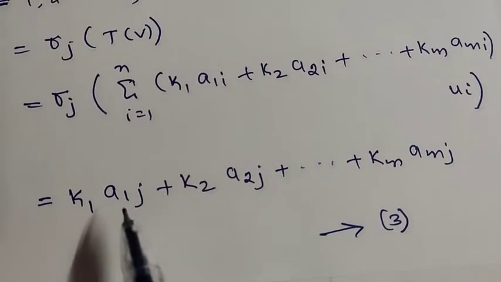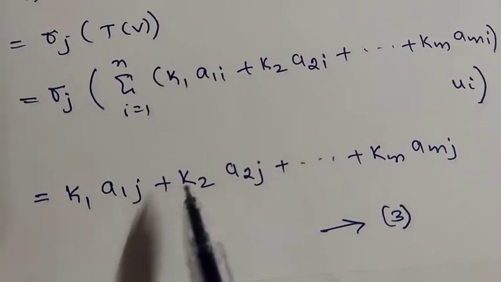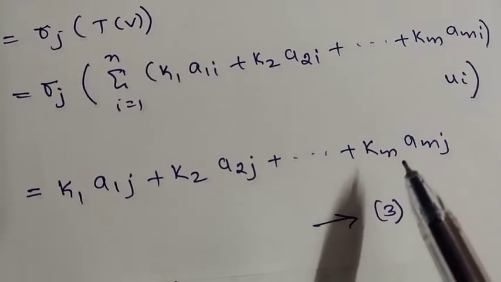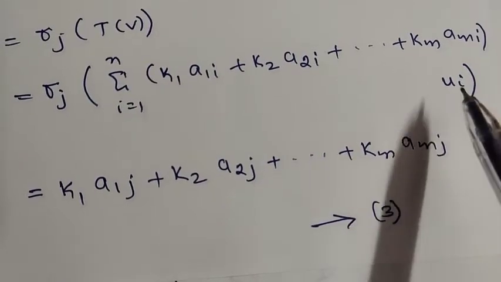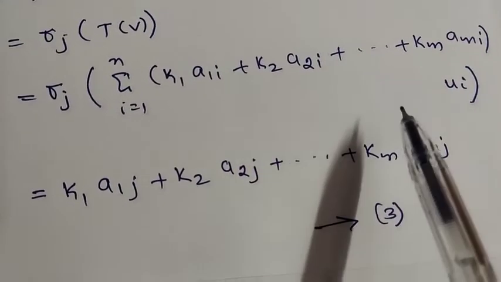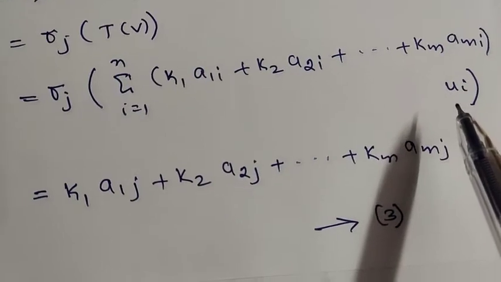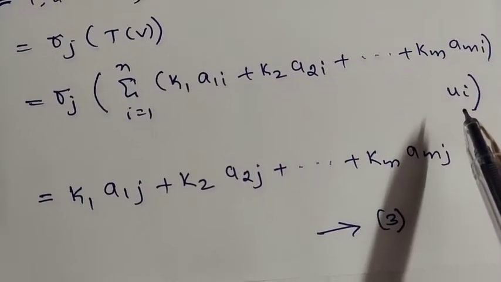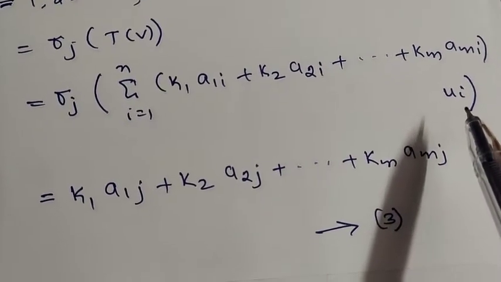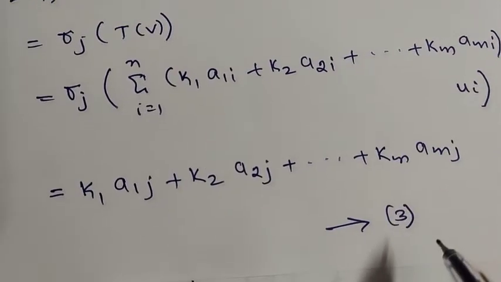So this becomes k1 into a1j plus k2 into a2j etc. km into amj. For other terms it will be 0 because sigma j is the dual basis to uj, or sigmas are dual to ui's. So we call this number 3.